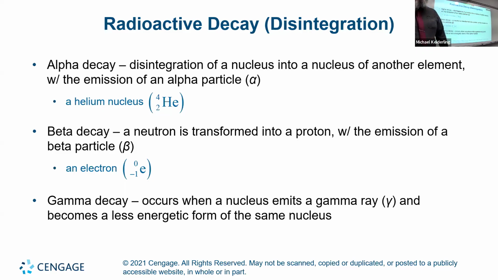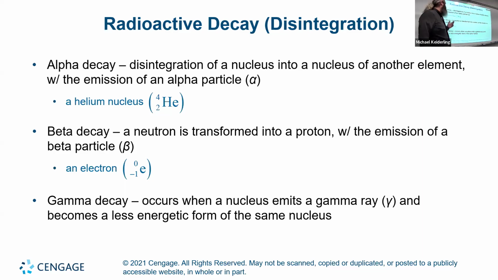In beta decay, the traditional version is where a neutron is transformed into a proton with the emission of a beta particle, which is an electron. The opposite can also happen. You could have a proton turned into a neutron and emit an anti-electron. But this does not change the mass, because the number of protons and neutrons doesn't change.